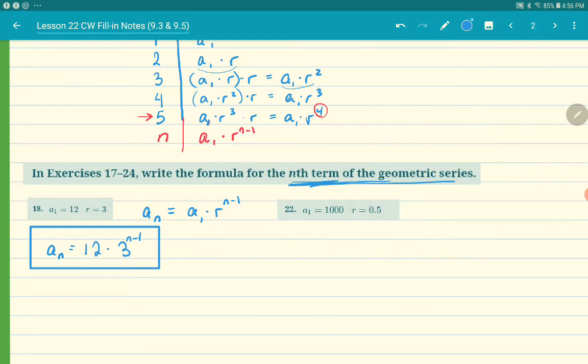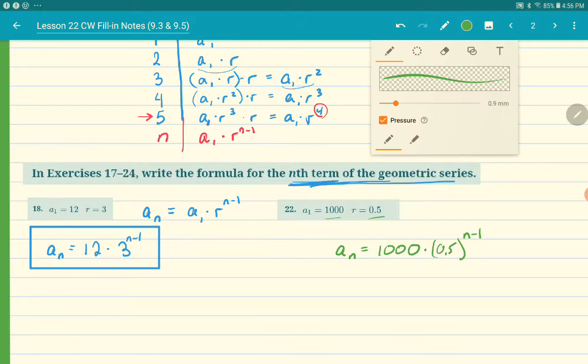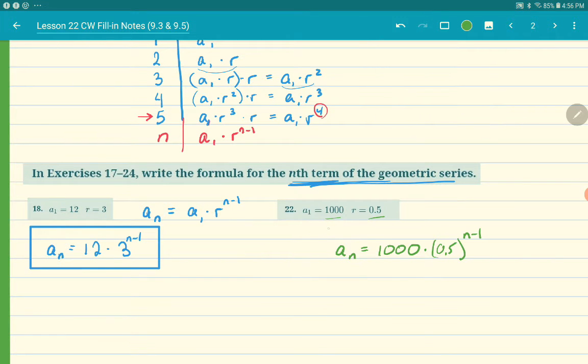Okay, let's do 21. For 21, my a1 is 1,000. My r is 0.5. So I can write a general term for the nth term to be 1,000 times the ratio, I'm going to put that in parentheses, to the n minus 1. I just put it in parentheses because I have the decimal and the multiplication sign, and with handwriting sometimes that gets a little hard to read if it's not perfectly written.